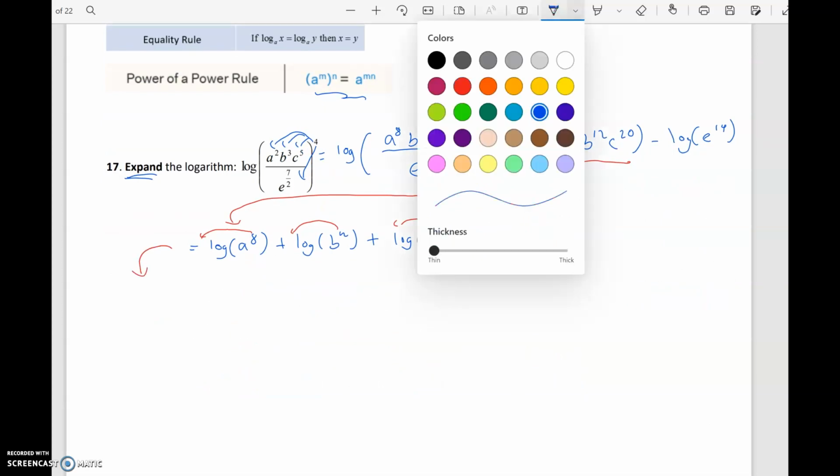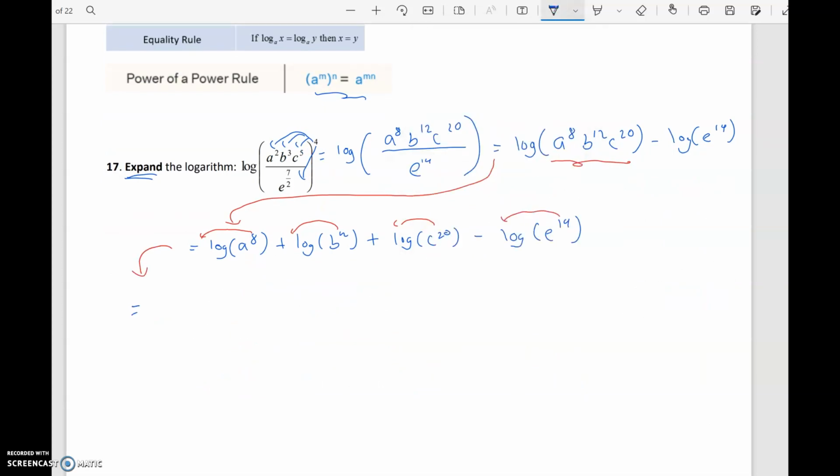We're going to end up with this being equivalent to 8 log of a plus 12 log of b plus 20 log of c minus 14 log of e. And at this point, that's going to be our final answer.